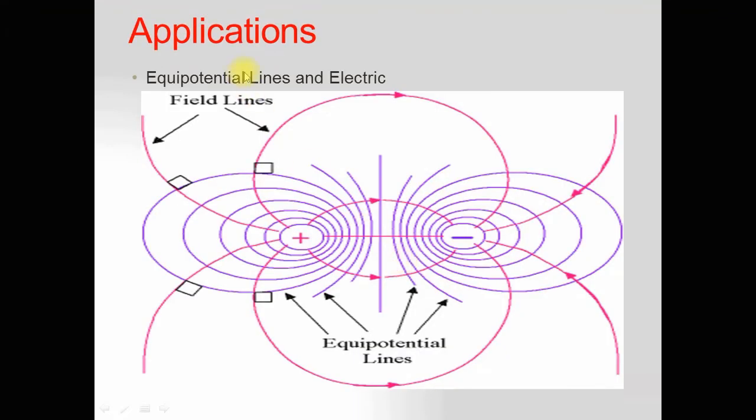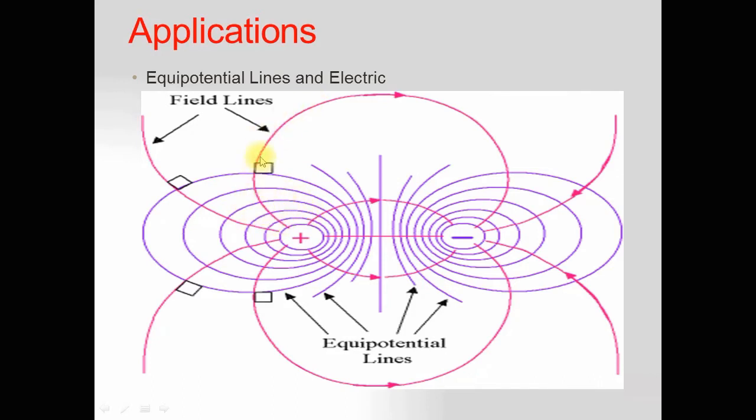Now some applications of orthogonal trajectories. Equipotential lines and electric field lines. The red color represents the field lines, and all these curves represent the equipotential lines. So dear students, note that these lines intersect the potential lines at 90 degrees.